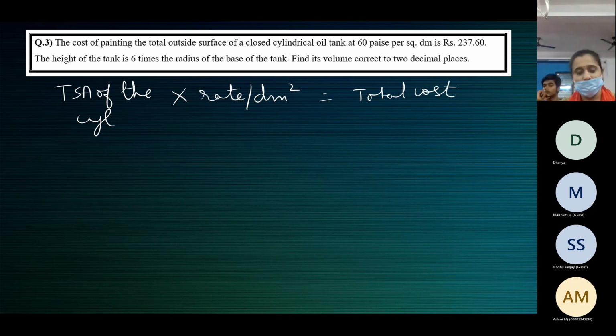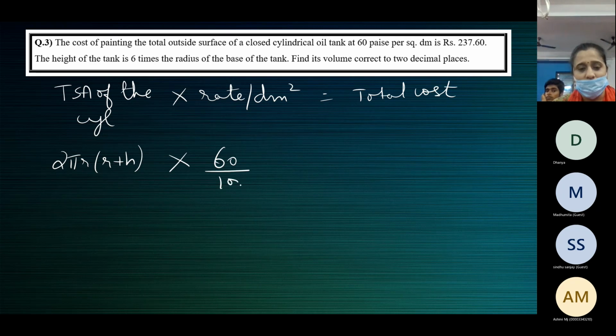Now, what is the total surface area of the cylinder? 2 pi r into r plus h is the formula to find the total surface area of the cylinder, into the rate. Into 60 paise, but you want to convert it to rupees, right? So you can write 60 by 100 here. Or you can write 60 paise also.